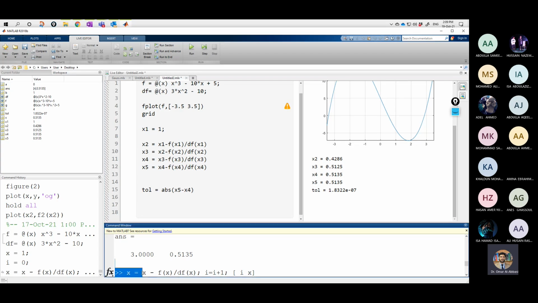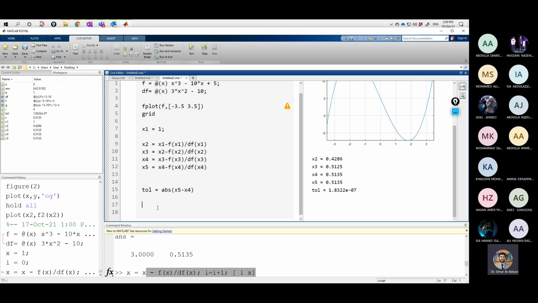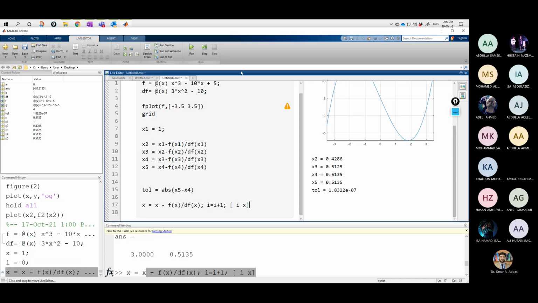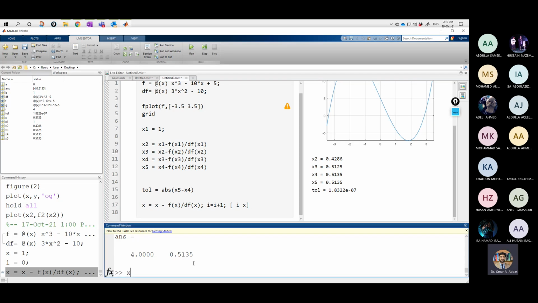So let me copy this line, the whole line, or let's bring x. So if we repeat, for example, the issue is x to 1.